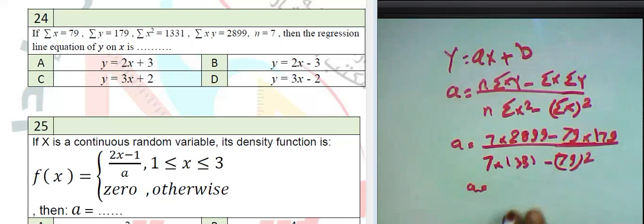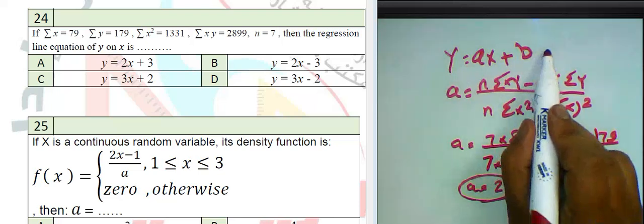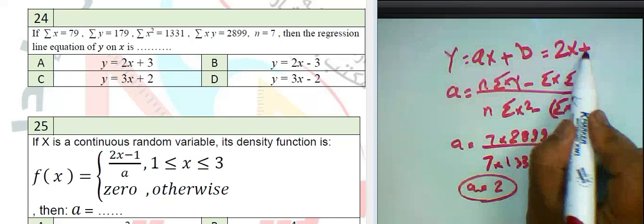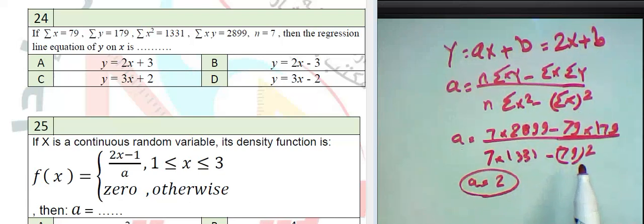You can use a calculator to find a, which equals 2. Then the relation here will be 2x plus b.